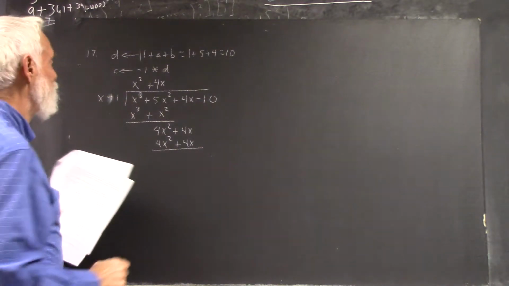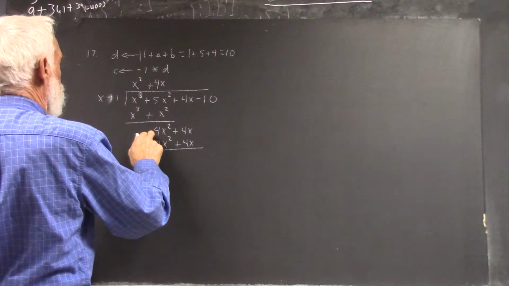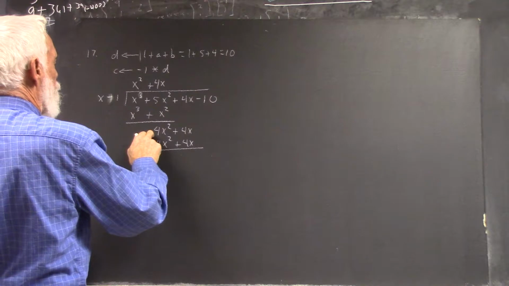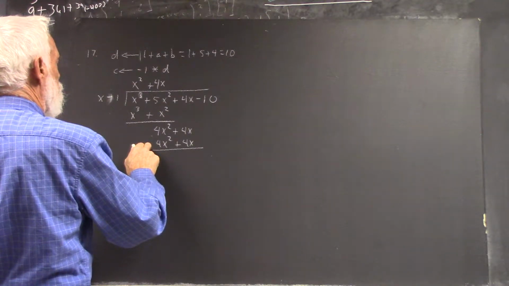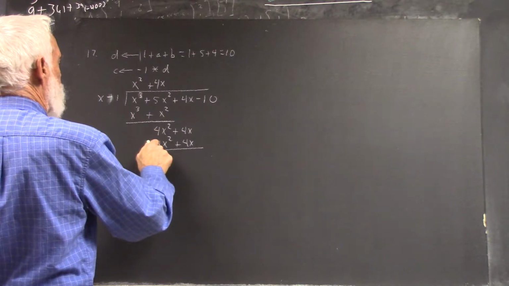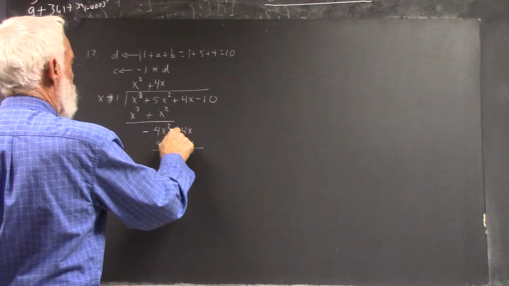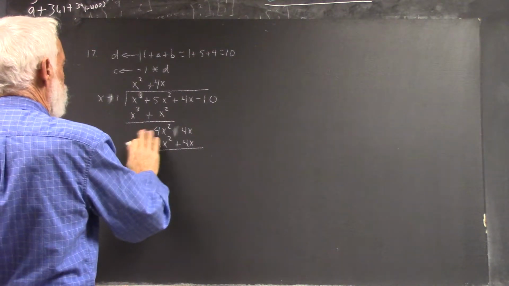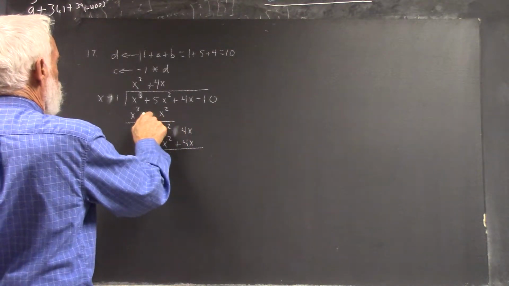Okay? I'm still going to get the 4x squared plus 4x. Except it'll be -4x squared plus 4x. No, got it wrong. It's got to be -1, so it's -x.